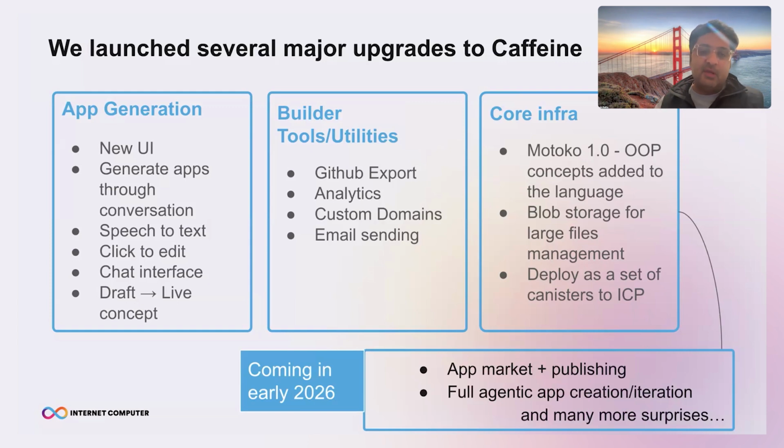All of these could just be readily available templates through the app market that you can just plug and play. And the thing that we are also super excited about is the full agentic app creation. There are a lot of things that people have been talking about regarding the context window and so on. This full agentic mode is going to try and resolve a lot of those things, and we're very much looking forward to it.